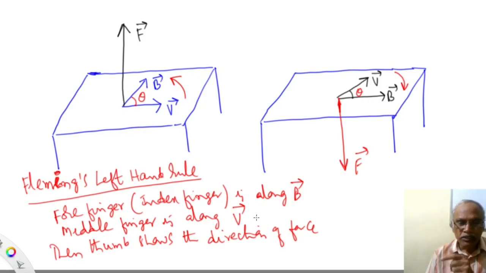If a negative charge is moving, then you have to keep the middle finger opposite to the direction of velocity of the negative charge. In the direction of the magnetic field keep the forefinger, then the thumb will give the direction of force on the charged particle. Understood?